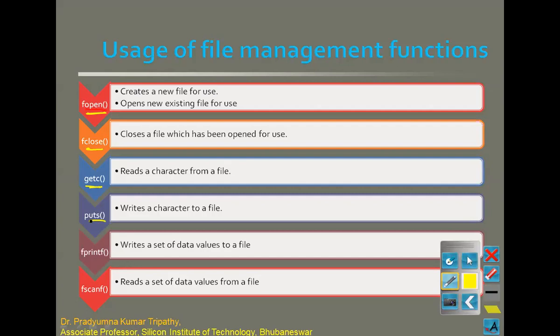We will use getc and putc. Similarly, we have fputc also, fgetc and fputc, and there are fprintf and fscanf. I will discuss how to use these functions in your program. Different programs are there for each of those.